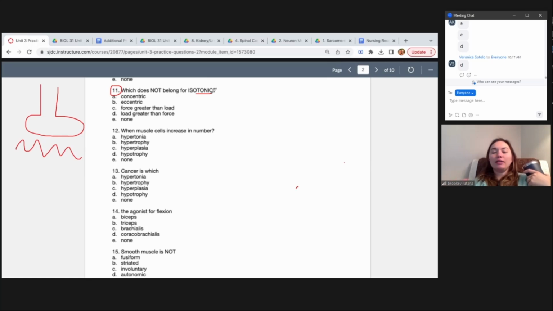A gin and tonic is a drink. It's really easy to pick up. It's lightweight. So eccentric is you're reaching out for the gin and tonic. Concentric, you're pulling it back to you. Either way, concentric and eccentric are both examples of an isotonic contraction, just so everybody has that. Concentric, you're pulling it back. Eccentric, you're reaching out. Both are isotonic.